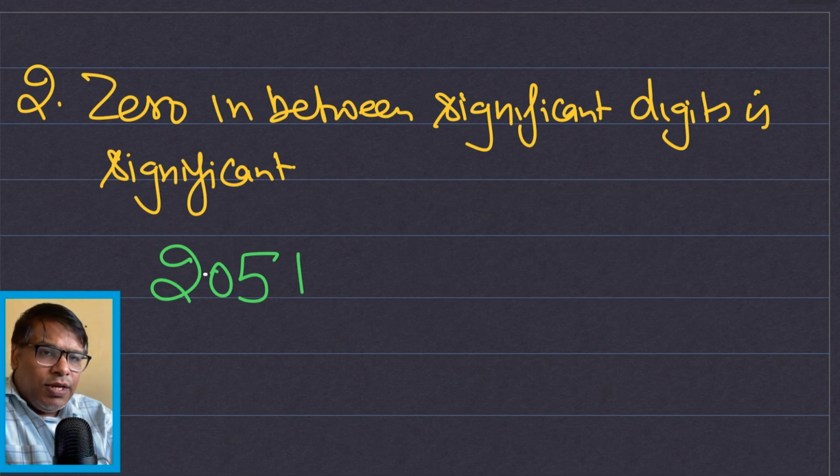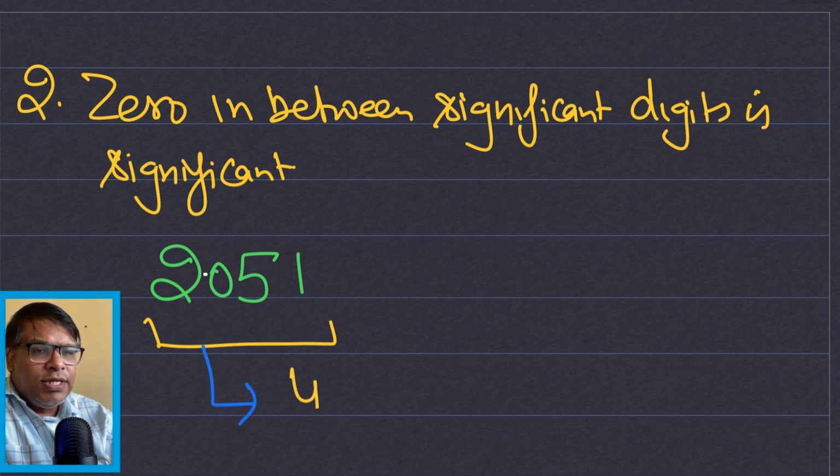But the 0 is in between significant digits 2 and 5. So in total you are going to have 4 significant digits. Quite easy. So the 0 in between significant digits is significant. How many significant digits? 4.